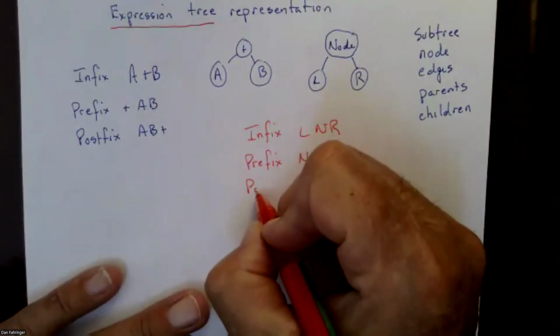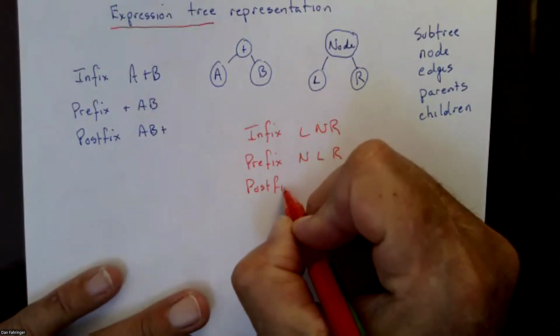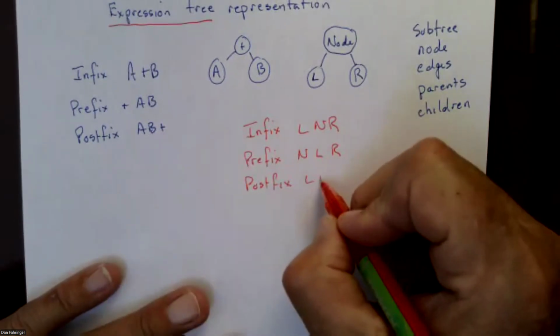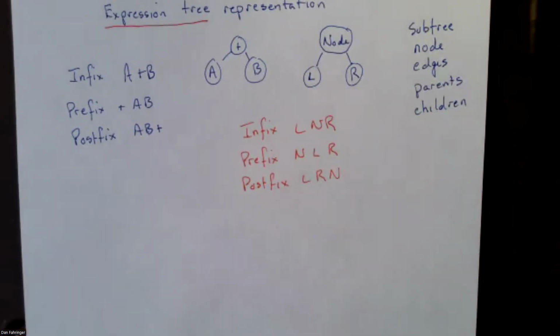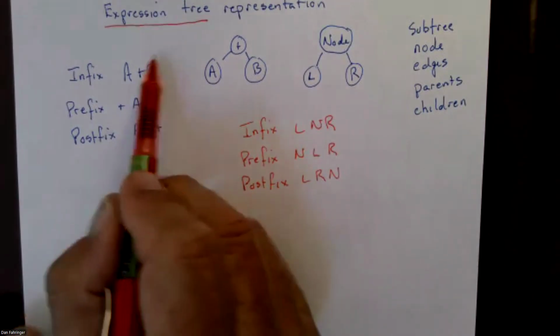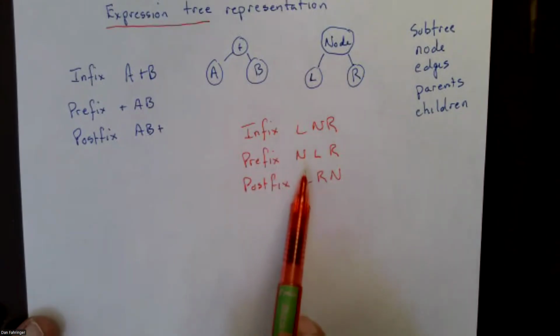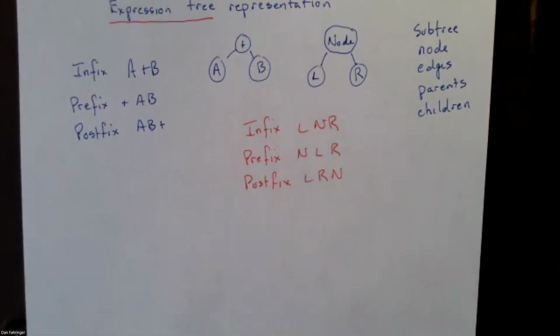And postfix, left, right, and then the node. All building blocks right now. Understand this to be able to look at this to get to here, because this is going to become important, that order.